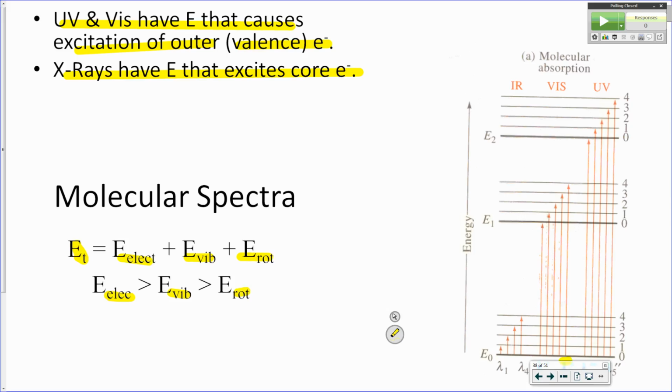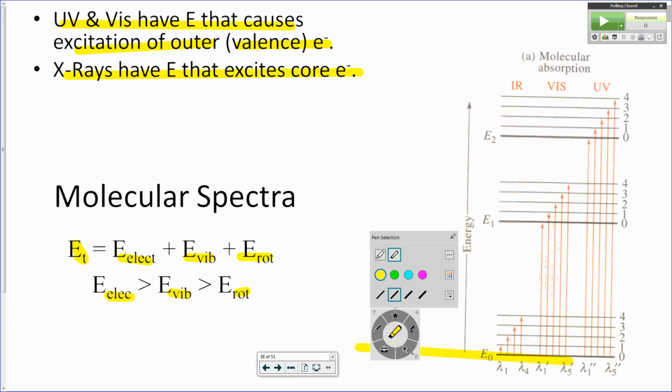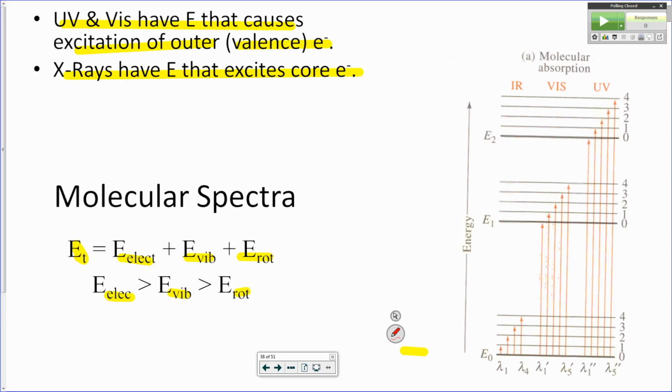And we represent that, and there are a lot of different ways that you can draw these energy level diagrams. This is one example. What we are trying to represent in this is something going from a ground state, a lower level, and things being promoted to some higher excited state.